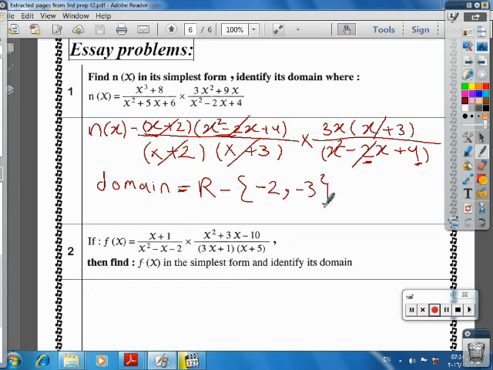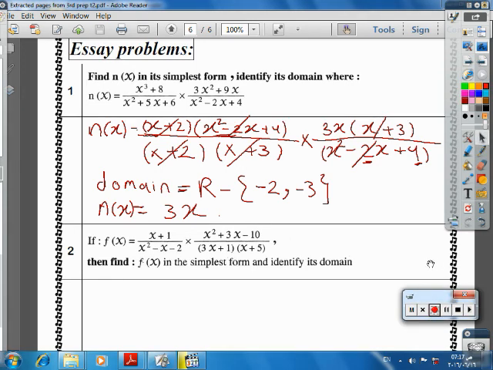After that we can complete solving: then n(x) equals 3x, and that is the final solution. Okay, today we have finished all exercises about operations in algebraic fractions.